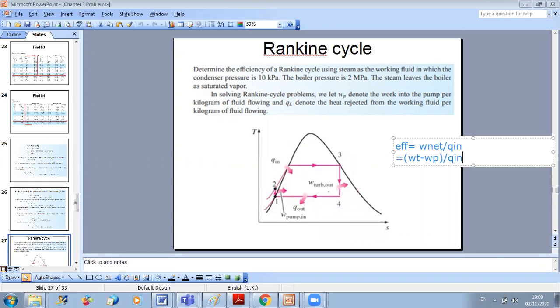Now, just to tell you, when I put minus WP, I just consider I am taking the absolute value for W turbine and the absolute value for W pump. And if you want to treat them as algebraic values, you can put WT plus WP. Then in this case, you should replace WP by a negative value.